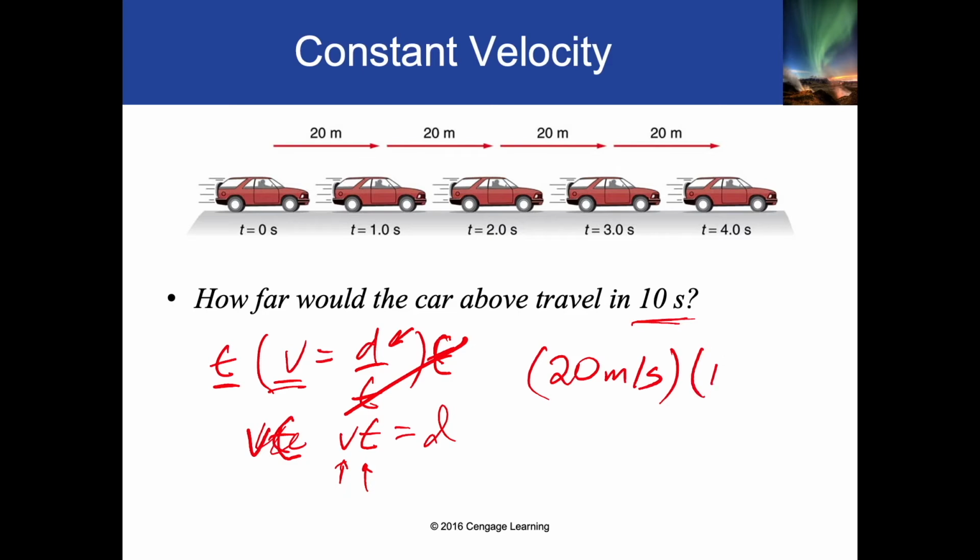Times 10 seconds, right? The seconds cancel out. All you get left is the 20 meters. 20 meters times 10. So that's 200 meters. Your d equals 200 meters, right?